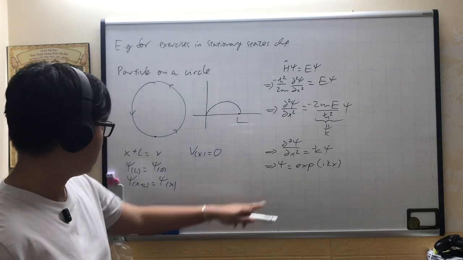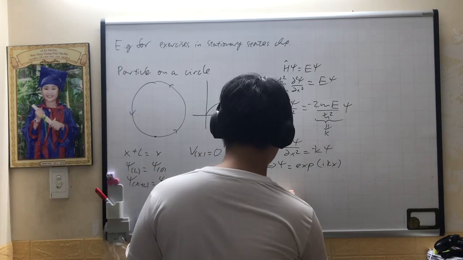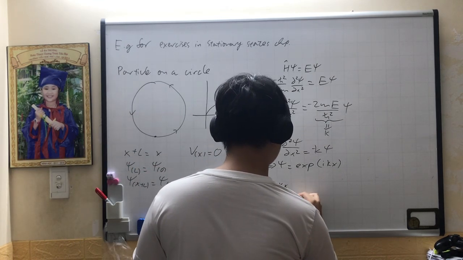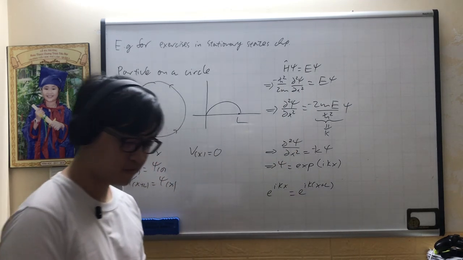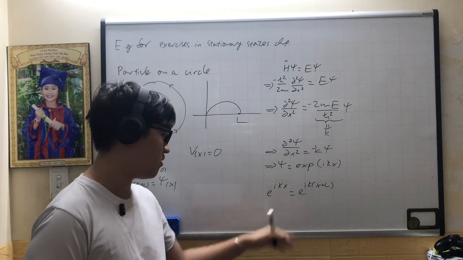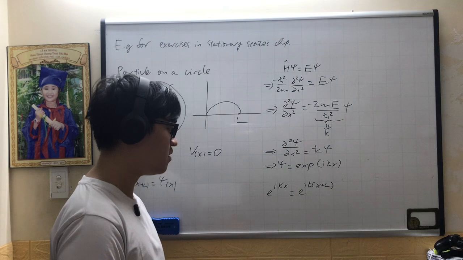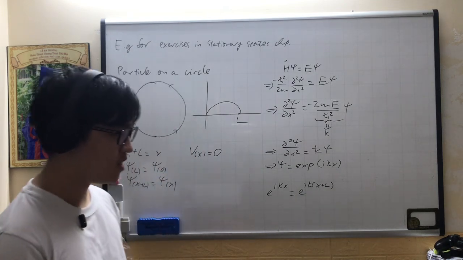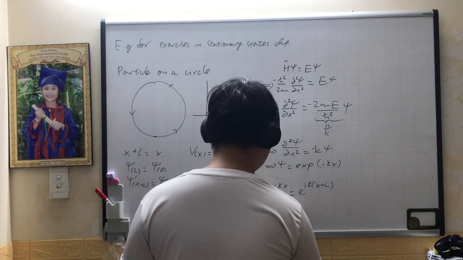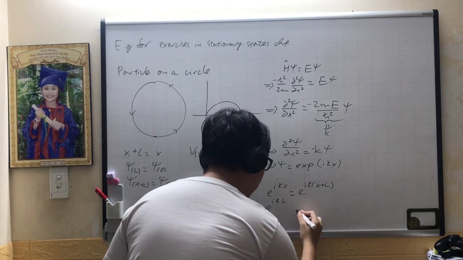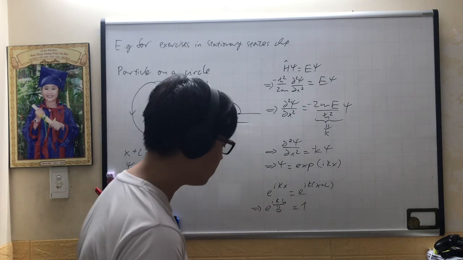Take a look at that. E to the ikx would be the same as e to the ik(x plus L). What would that imply? That would imply that e to the ikL would have to equal 1, since this part has to be equal to 0.